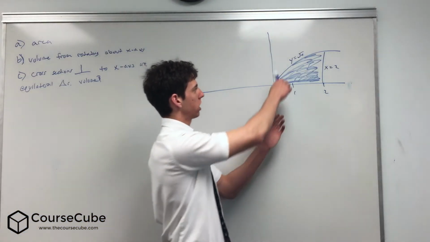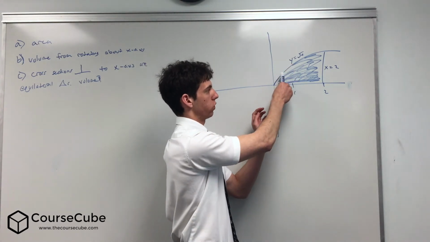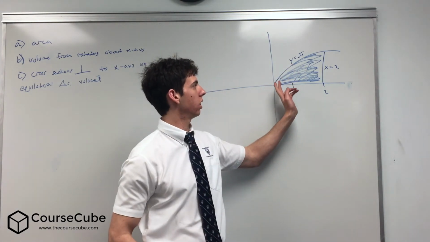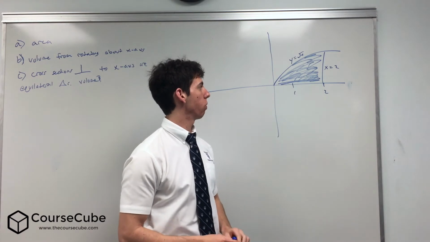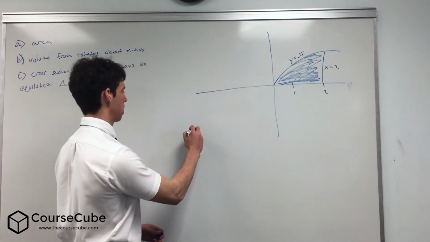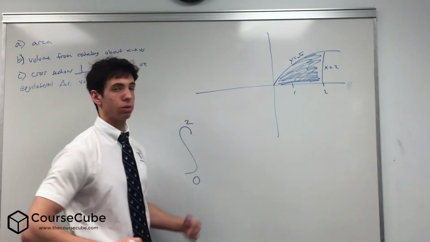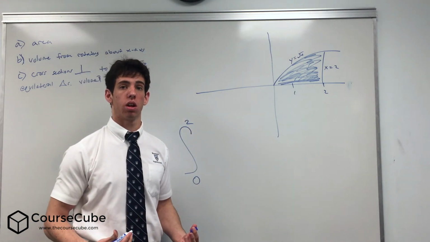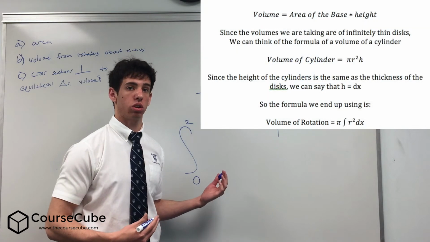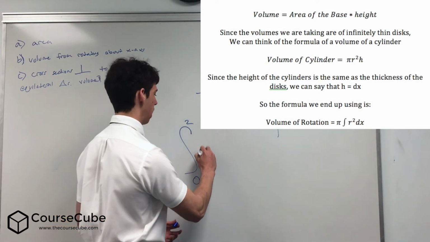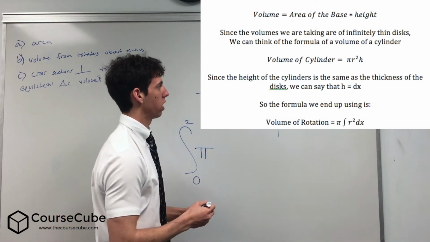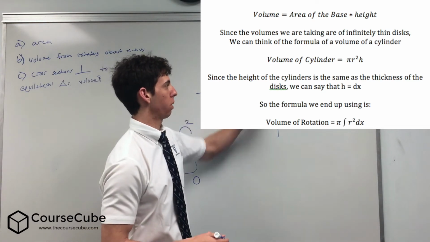So now when we rotate this about the x-axis, we're going to sum a bunch of circles whose radii get larger and larger as we go forth. So we're taking the integral from 0 to 2, and then we just input the formula for the area of a circle in terms of the radius, pi times r squared. The r is just going to be top curve minus bottom curve.